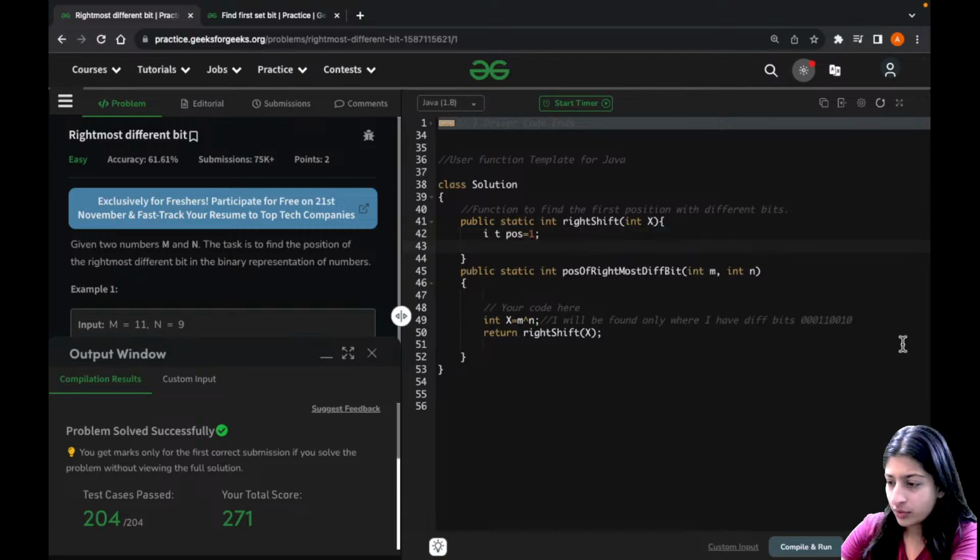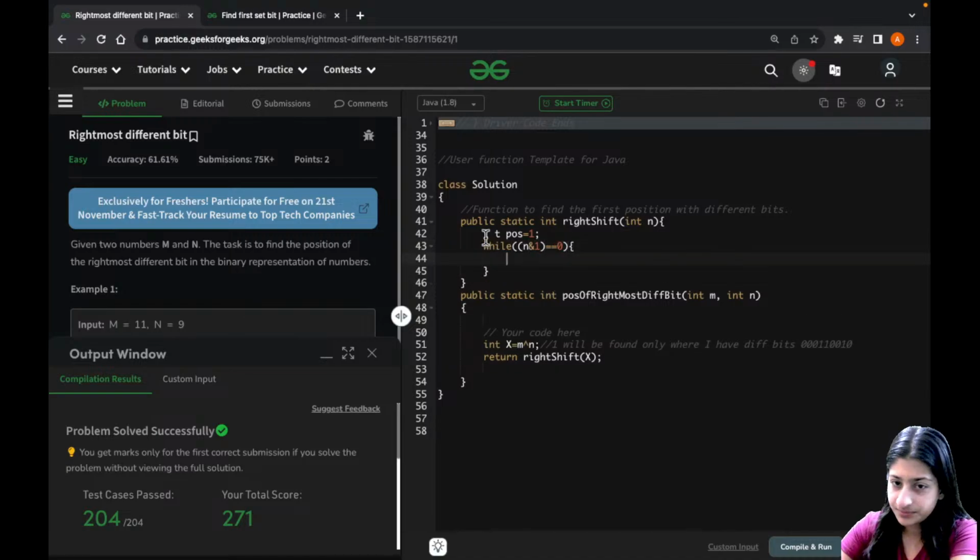Okay, and then while your this number capital X, let me write it N only. Sometimes I miss writing capital X. Okay, so while your N, right, you are doing what? N bitwise AND with 1, right? So while N and 1 is equal to 0, till that time you are incrementing the count of position and doing a right shift on N.